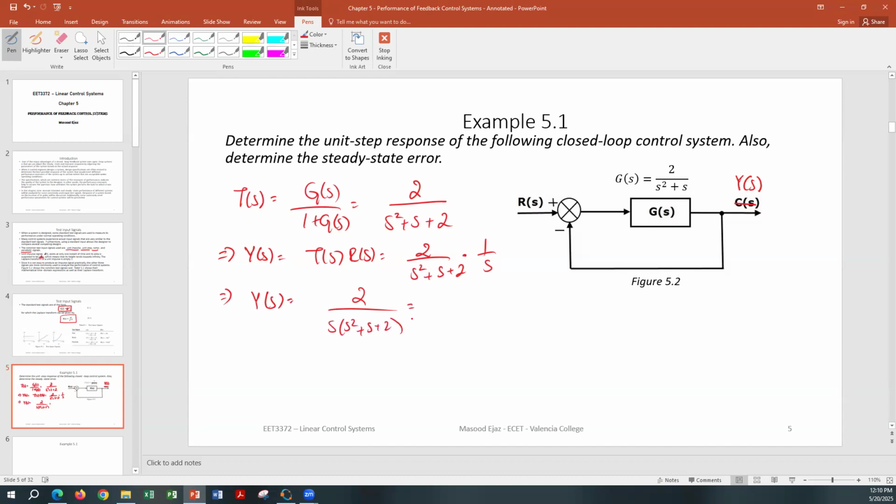All right, partial fraction decomposition and inverse Laplace transform can give us the result. Open the MATLAB, it's right here. Let's apply partial fraction decomposition on this.